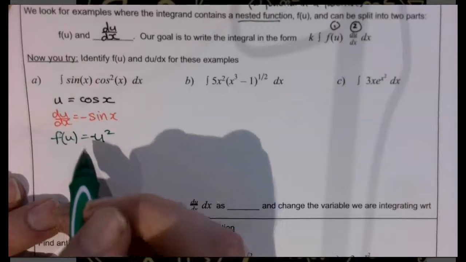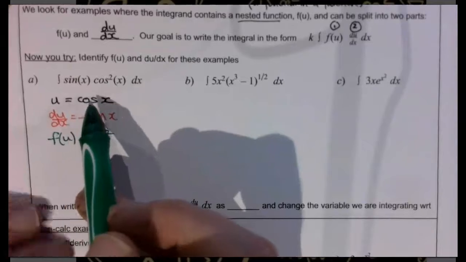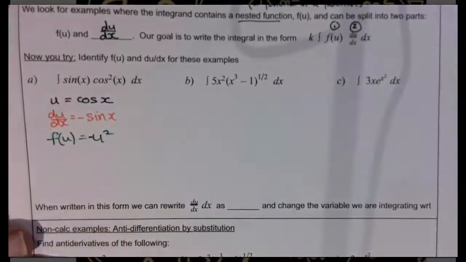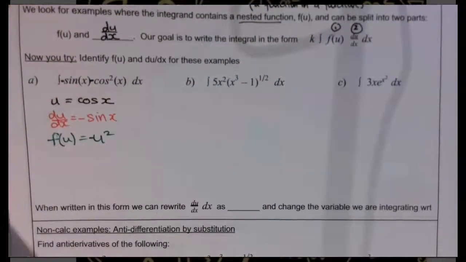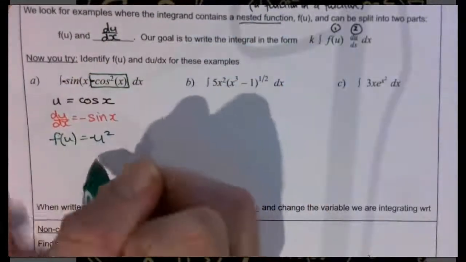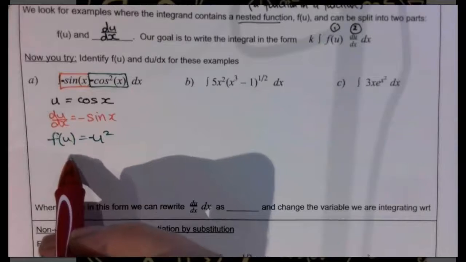So what I'm actually doing here, and this is where these questions can be a little bit tricky, is rewriting this as minus sine x times minus cos squared x, which gives me the same thing, and I'm saying that minus cos squared x is minus u squared, and minus sine x is du by dx, and this works.